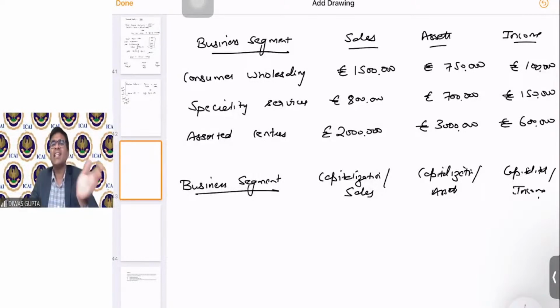Sales, assets, and income are the primary financial indicators for any business segment if we want to evaluate its performance. Okay.